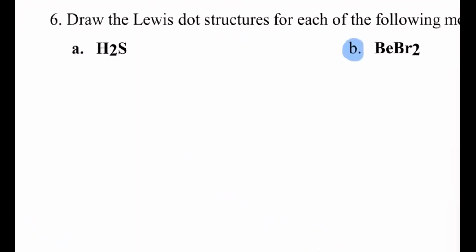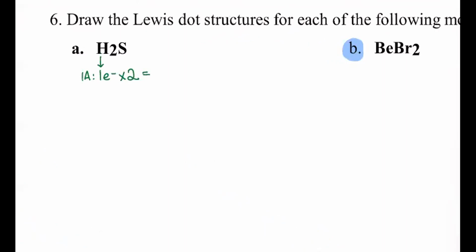So looking at letter A, this is how I count my valence electrons available for bonding. Hydrogen lives in group 1A. That means that it has 1 valence electron. Now, there are 2 hydrogens in this chemical formula. So I'm going to take the number of valence electrons, multiply them by the subscript.